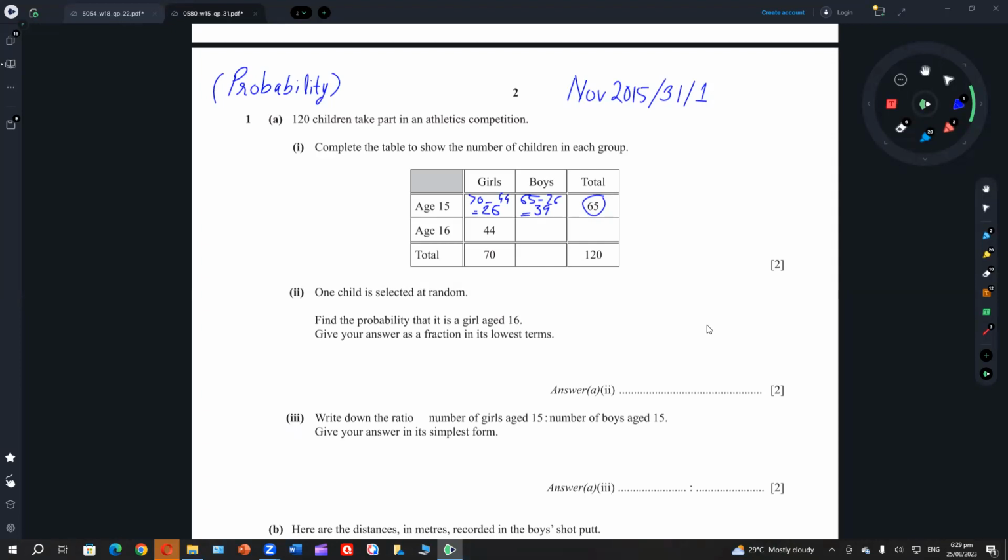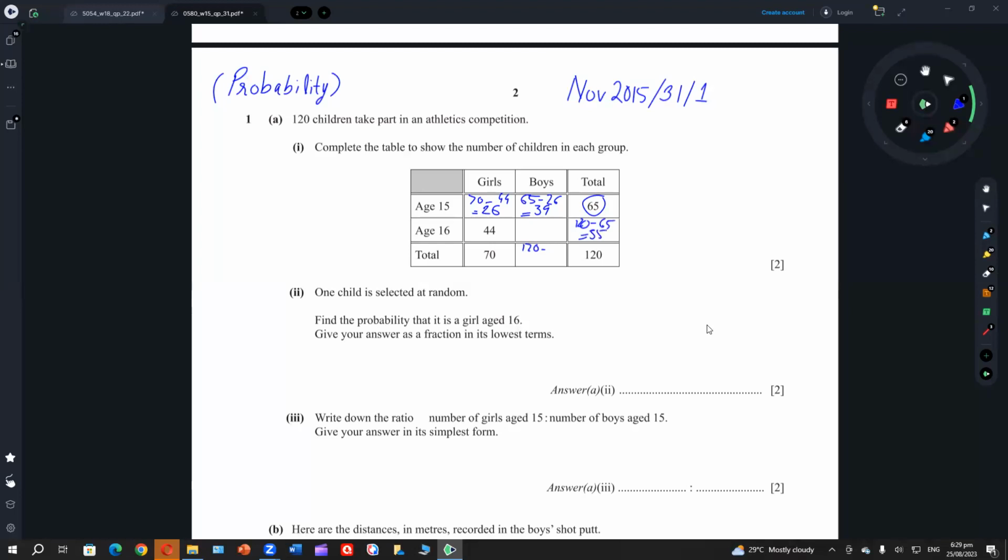Now, what should I do now? Oh yeah, you find the total of age 16. So you would do 120 minus 65. 120 minus 65 is a good idea.